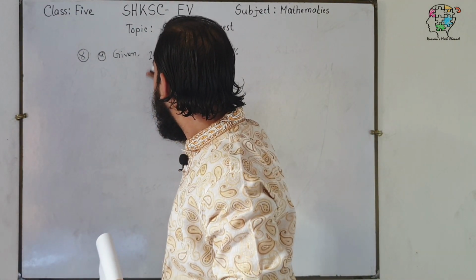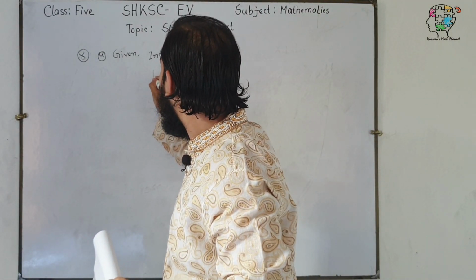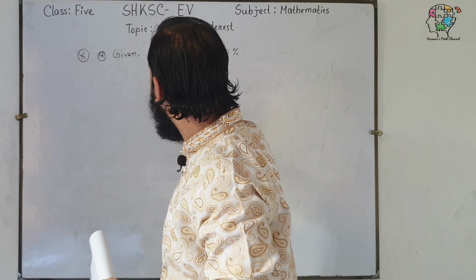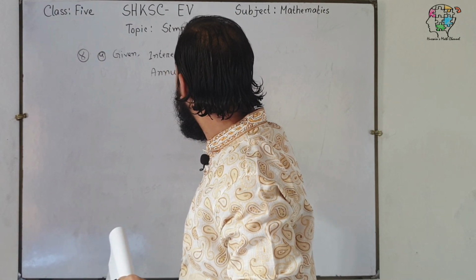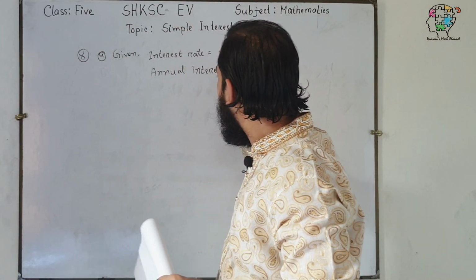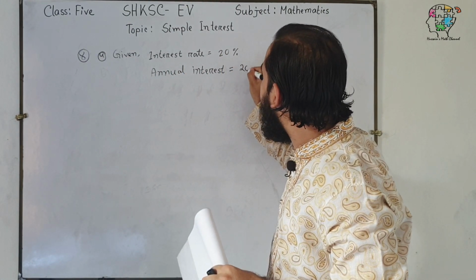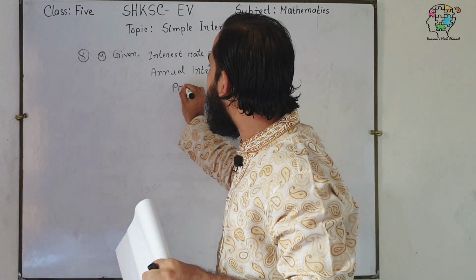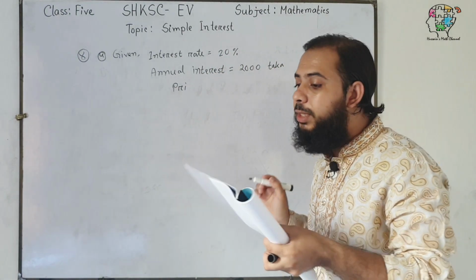Also we are given the total interest. The annual interest also given is 2000 taka. So we need to find what the principal was. Question A asks how much was the principal.